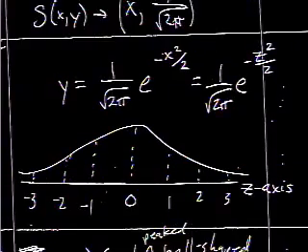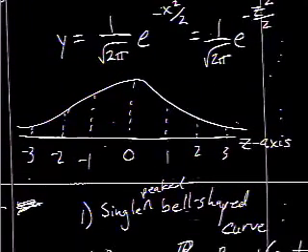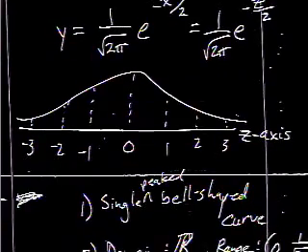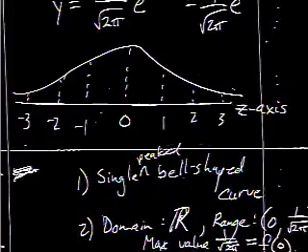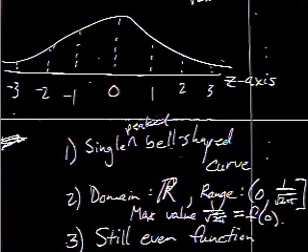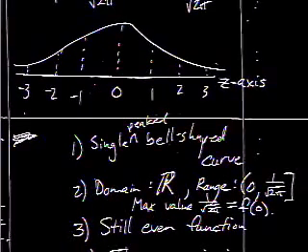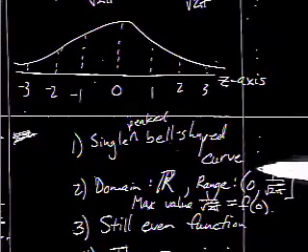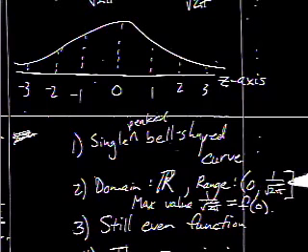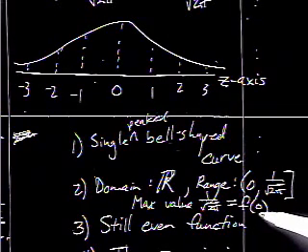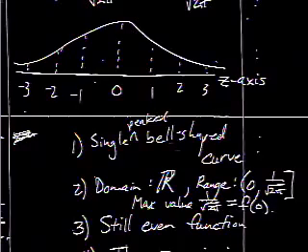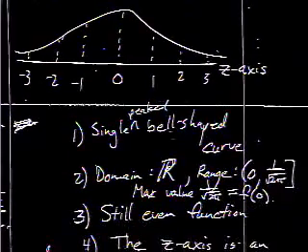It is still a single peaked bell-shaped curve, as you can tell. The domain is the set of all real numbers, with the range going from 0 to a high value of 1 over the square root of 2 pi, and I know that looks extremely weird. That maximum value occurs when the x value is 0. It is still an even function.